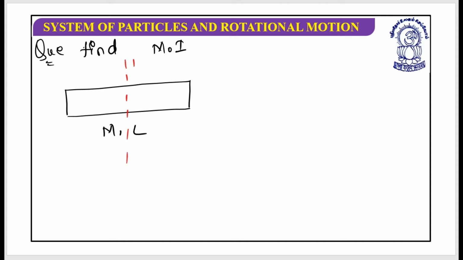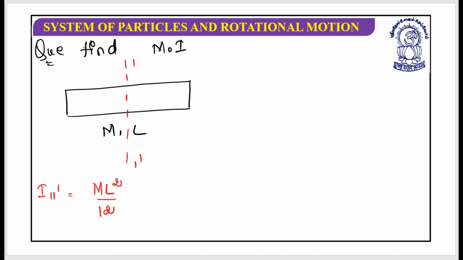First, from here, it's I11'. It is the rotation of the rod from its center. When I am rotating this from its center, I11' is equal to ml square by 12. This is what we have remembered.